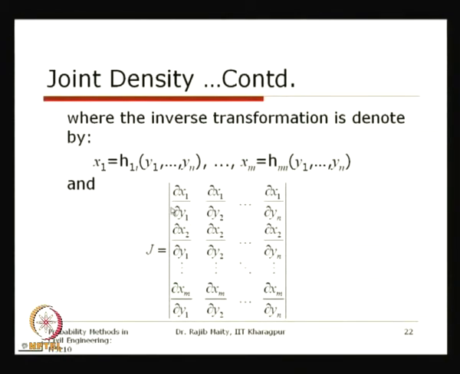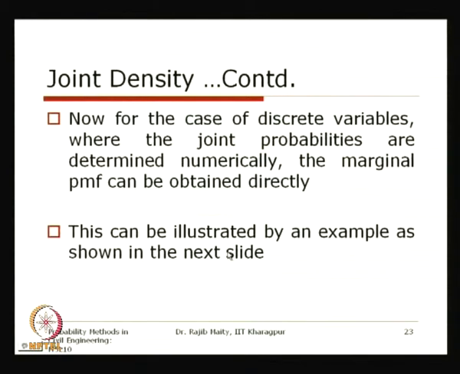And the Jacobian looks like this. X1, X2, X3 are the original random variables, and Y1, Y2 are their functions, and this is the joint Jacobian, and the absolute value of this Jacobian is multiplied.